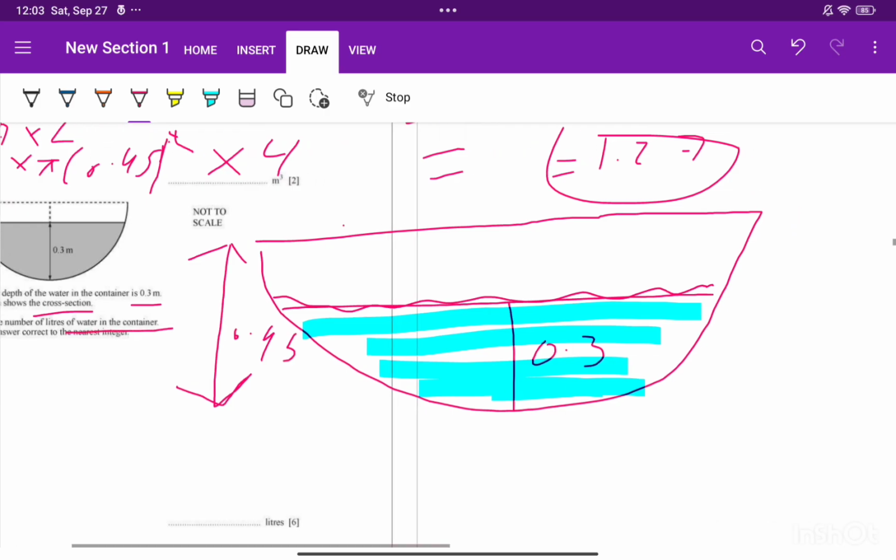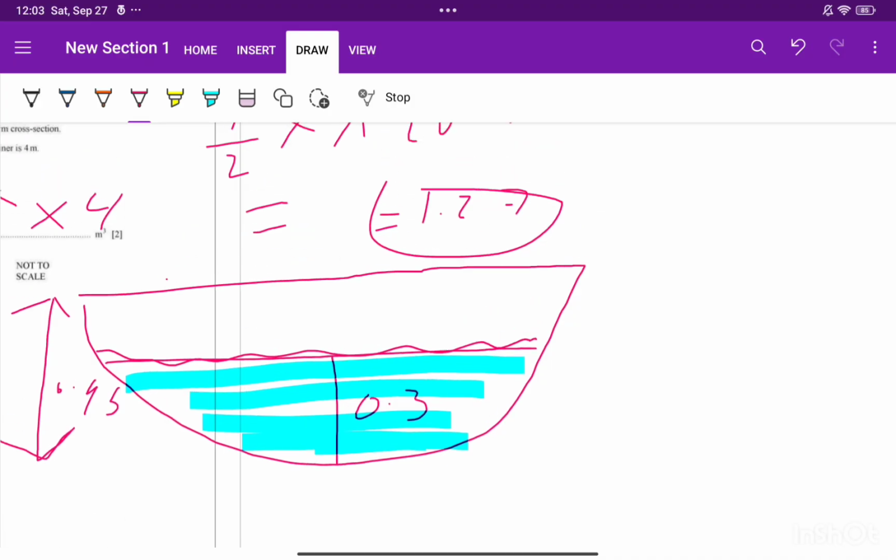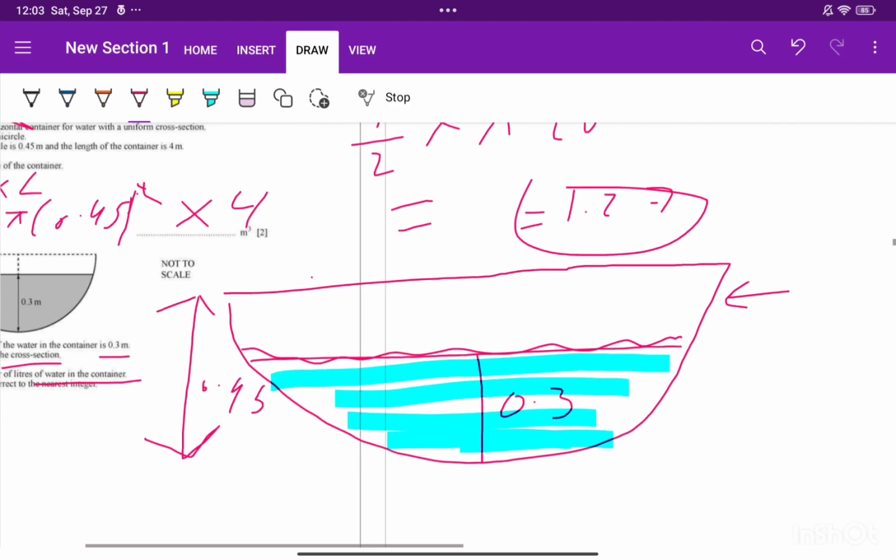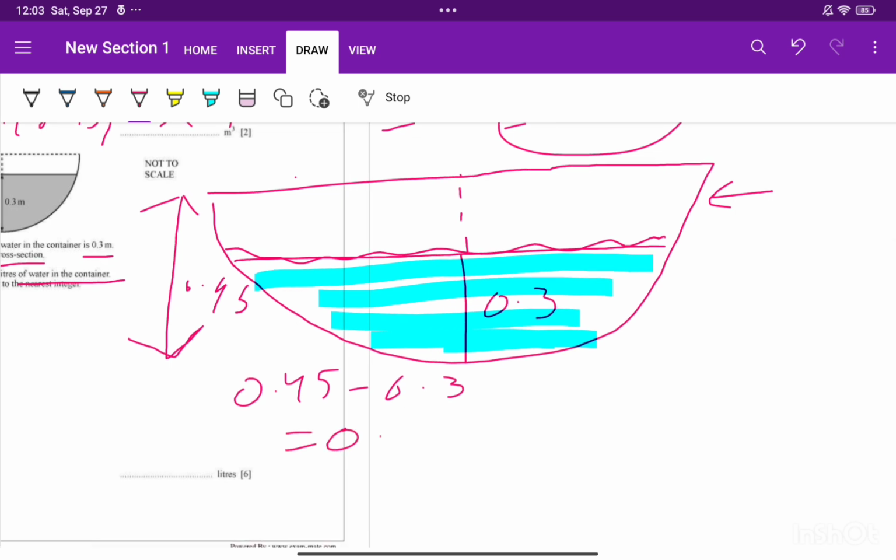So what we can do is find the area of this unshaded region and then subtract it from the area of the semicircle, then we can find the volume. So first, to find the area of the unshaded region, we subtract 0.45 minus 0.3, which gives us 0.15.